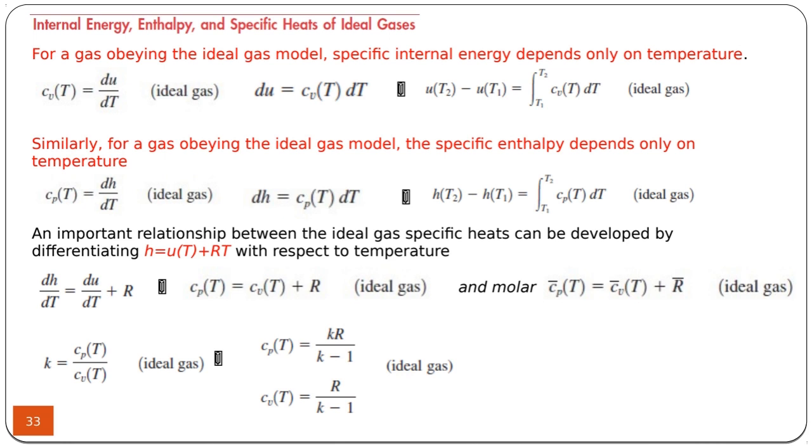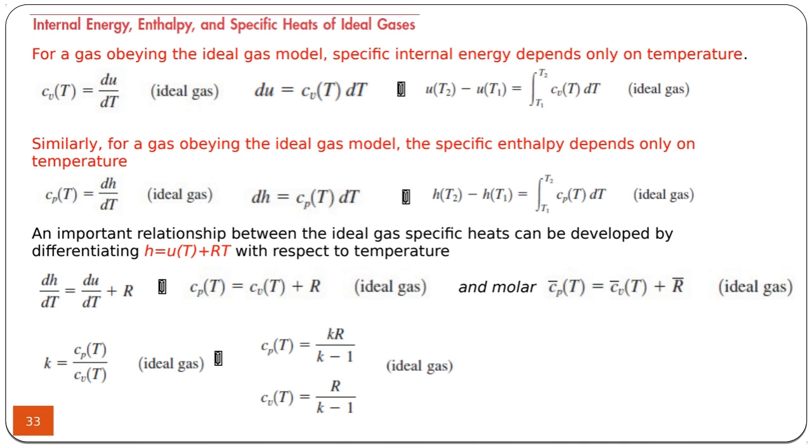Therefore, the internal energy change can be calculated from the integral of Cv dT, but in this case, we have to have the functional relationship of specific heat of this gas that varies with the temperature.